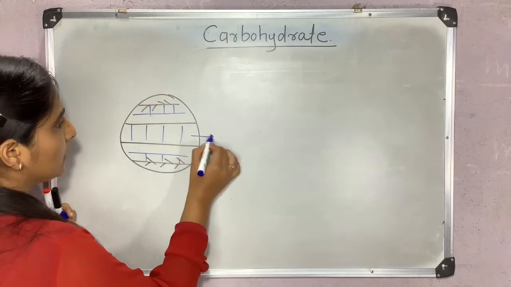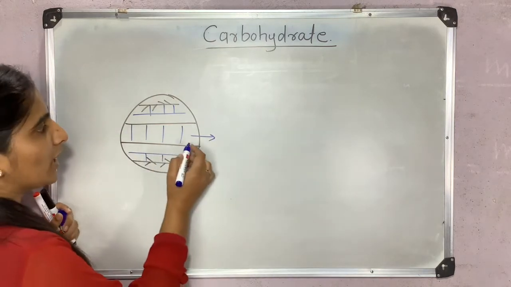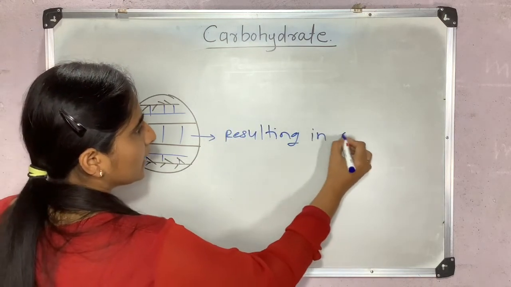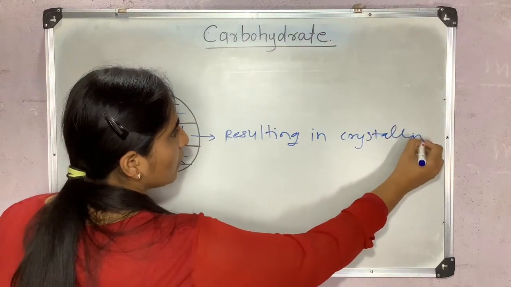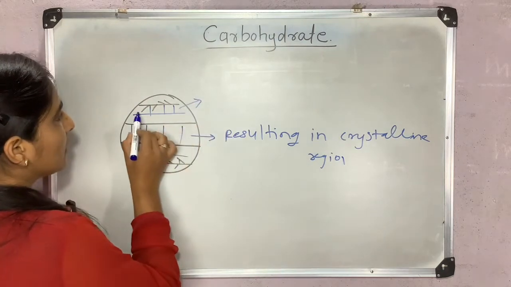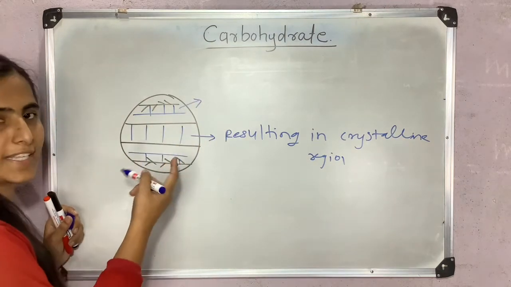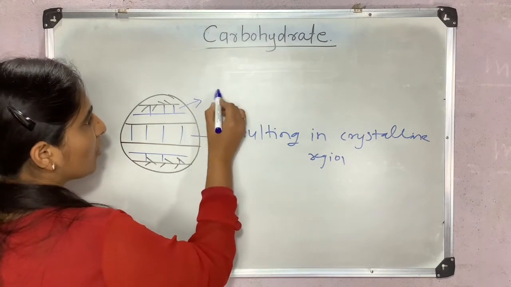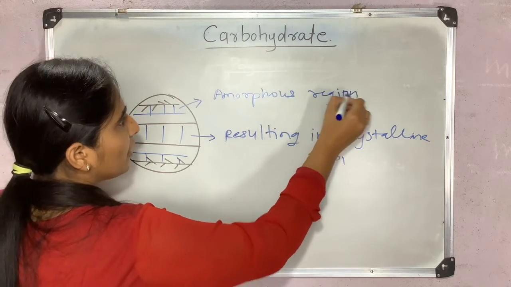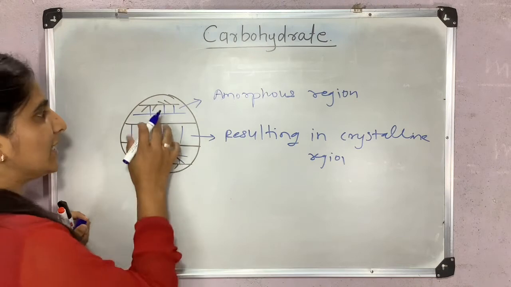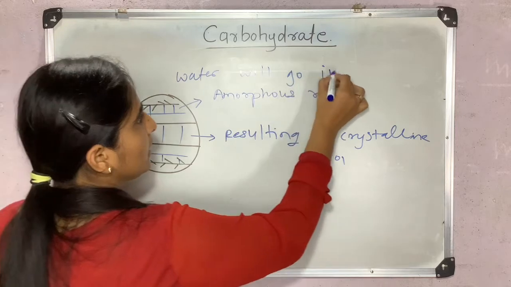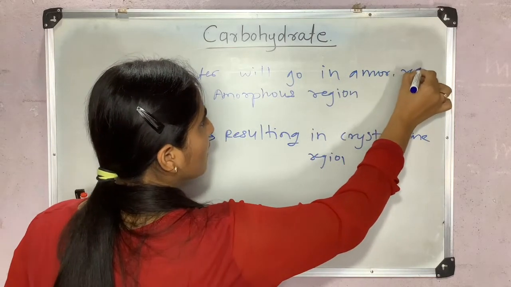Linear polysaccharides have more hydrogen bonding, resulting in crystalline regions, while hydrogen bonding between branched polysaccharides results in amorphous regions, and water will go into the amorphous region easily.